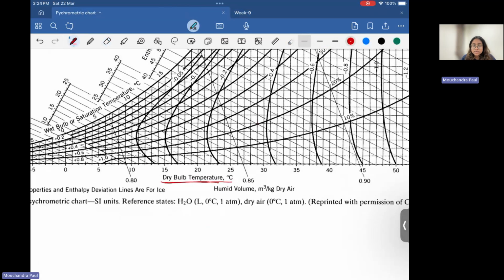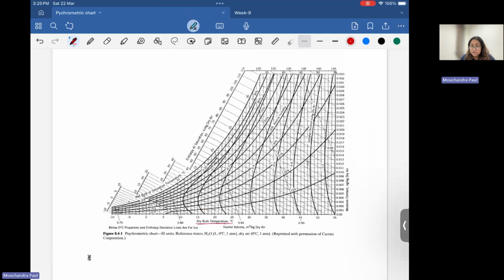This chart comes in both SI units as well as in degrees Fahrenheit. So don't get confused. For today's session, I am referencing only the psychrometric chart presented in SI units. The other one looks exactly the same. The only thing is, instead of degree Celsius, you will find degree Fahrenheit.